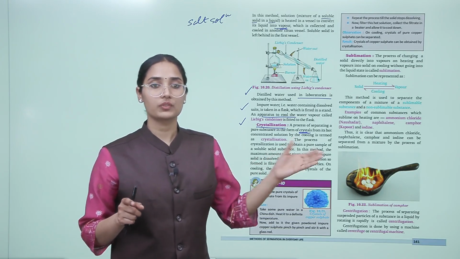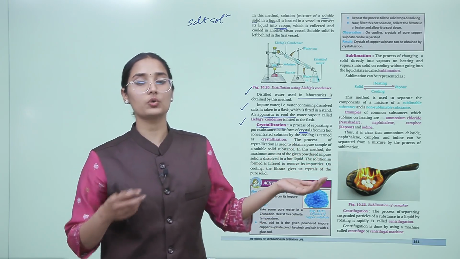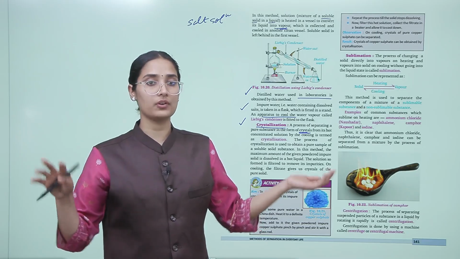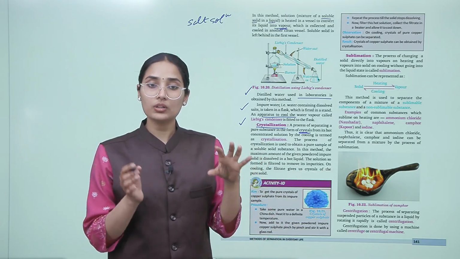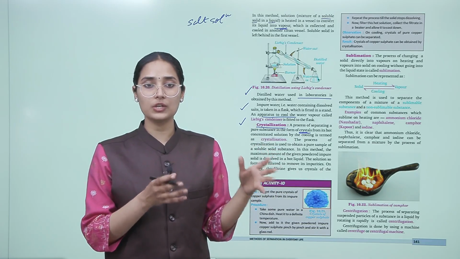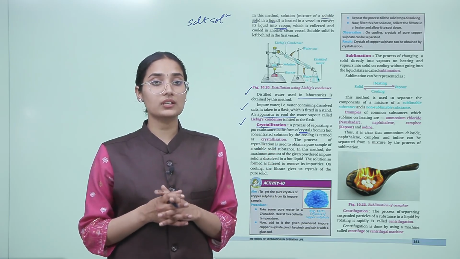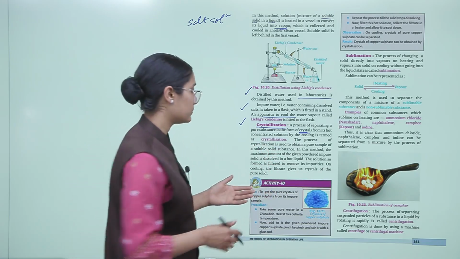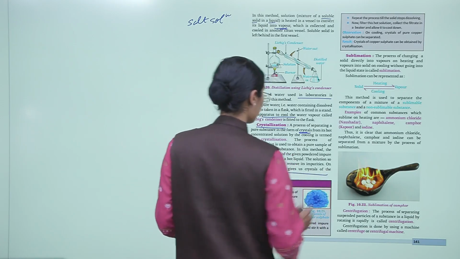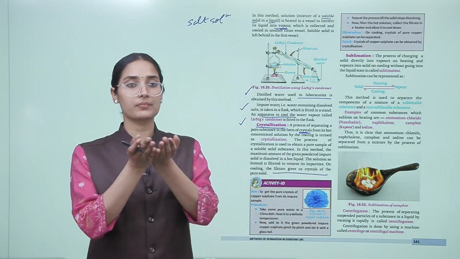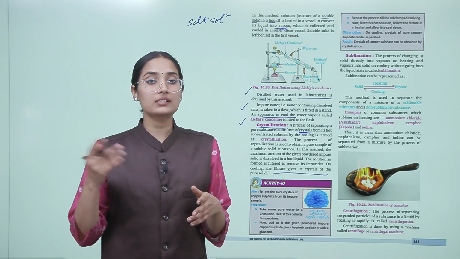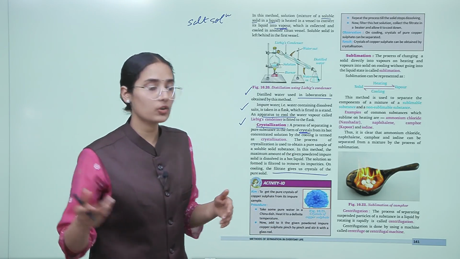Now it is first filtered, right, to remove the physical impurities. On cooling, when we cool this hot solution, the filtrate gives us crystals of the pure solid. So when it cools down, the filtrate results in crystals, okay, as a pure solid.